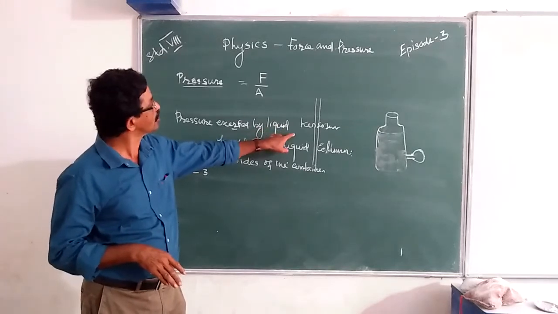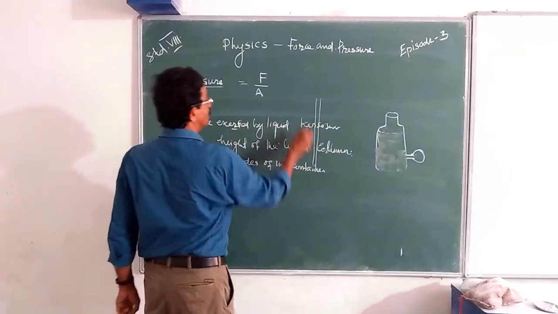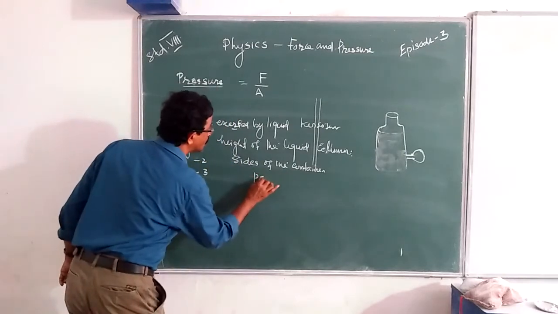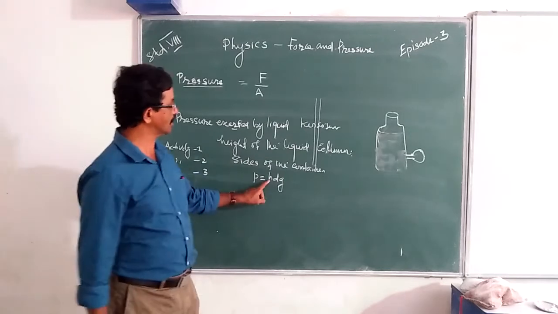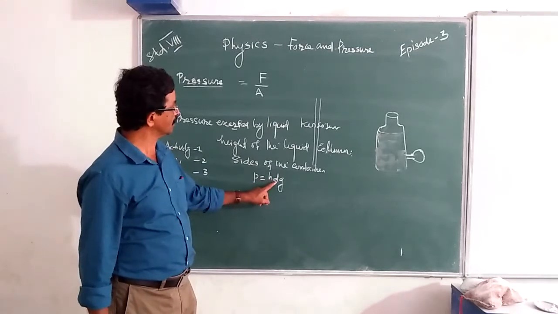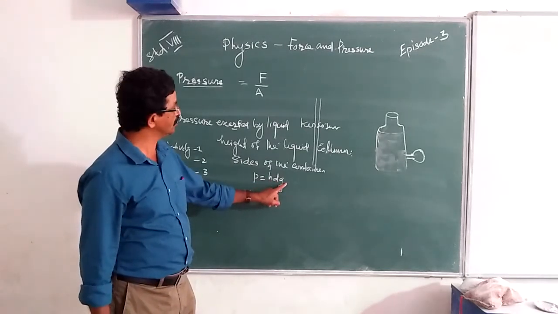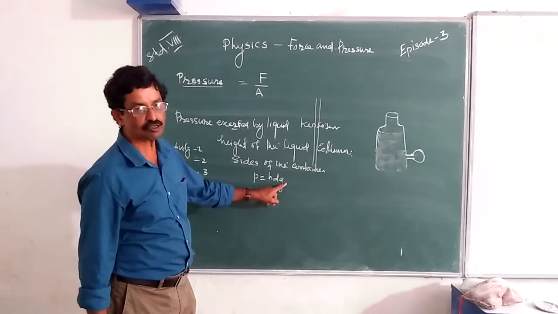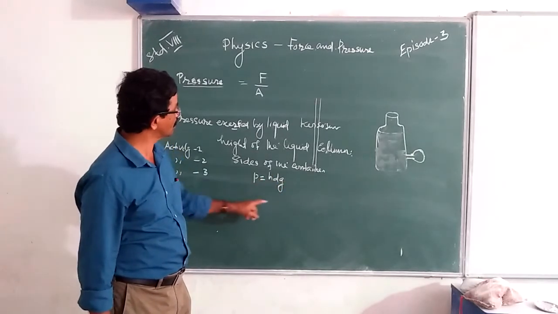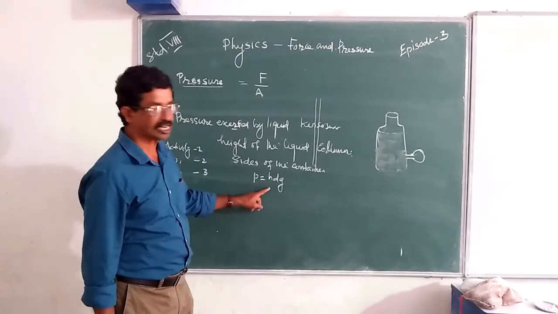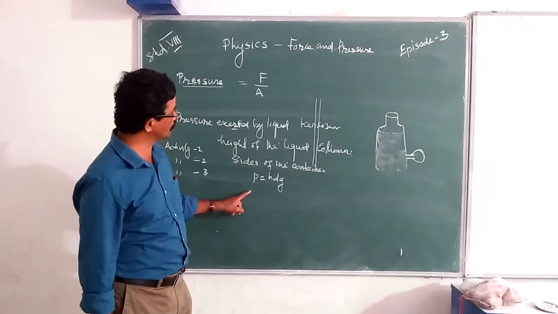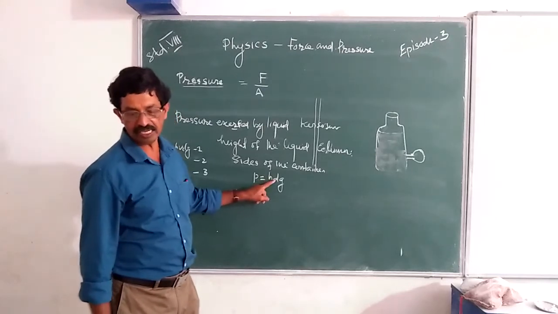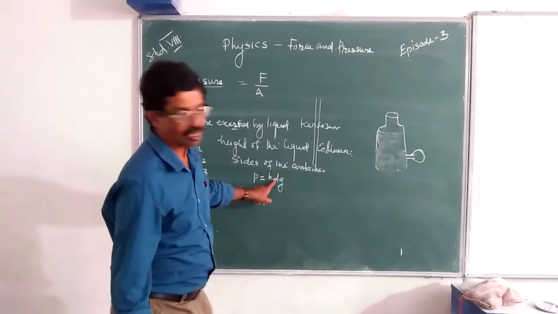So the pressure exerted by a liquid, P, is equal to hdg. Here h is the height, d is the density of the liquid, and g is the acceleration due to gravity. From this relation we can find the pressure exerted by a liquid: P is equal to hdg.